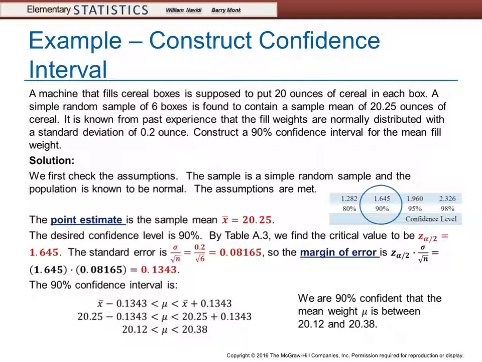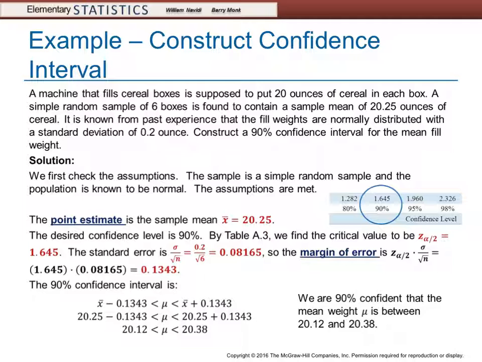The standard error then is going to be 0.08165. So the margin of error is going to be 0.1343. The 90% confidence interval, therefore, is the point estimate plus or minus the margin of error.